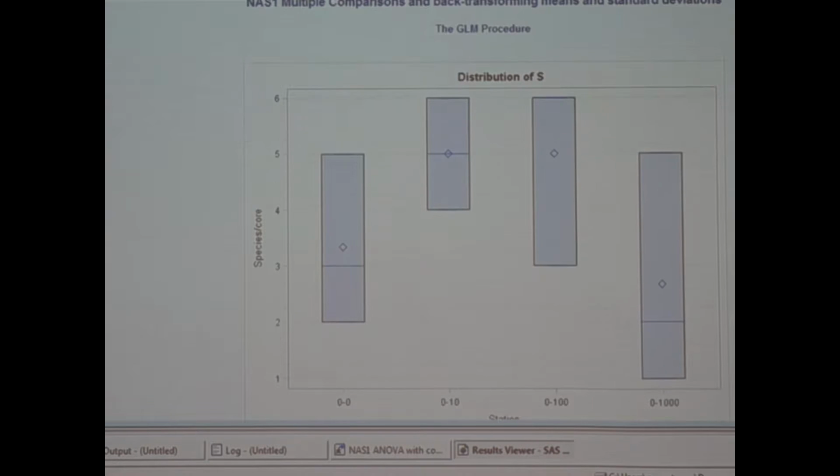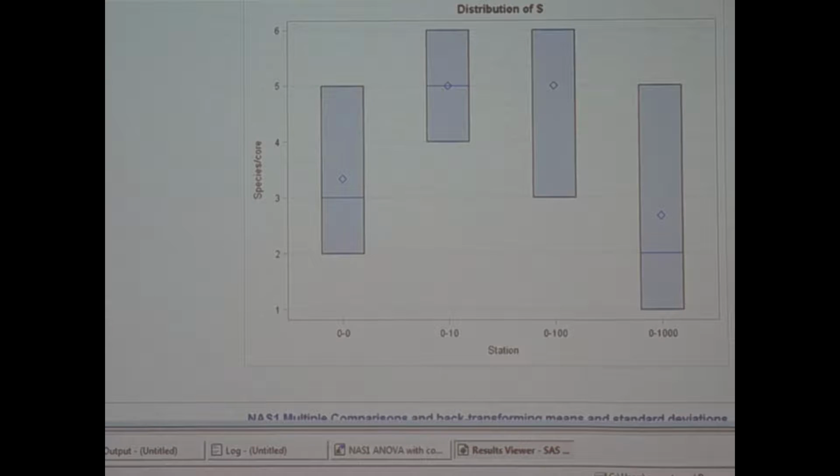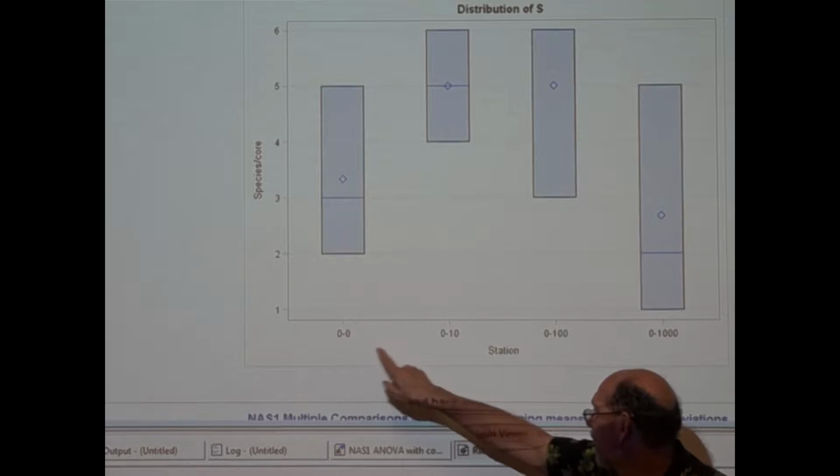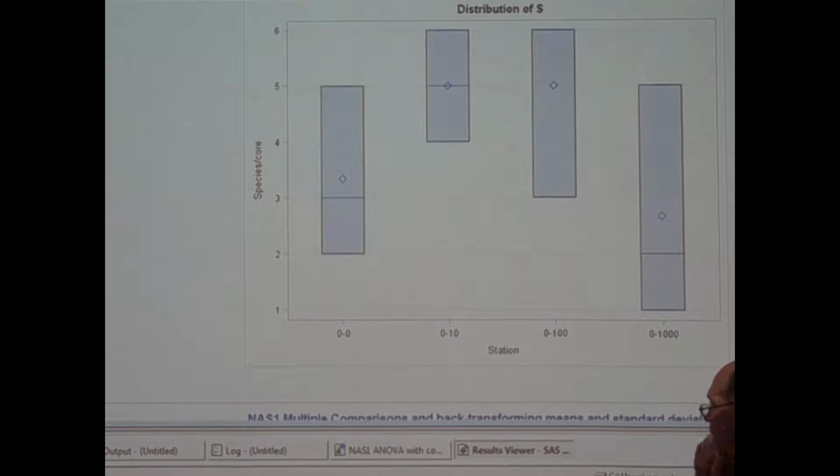Now, this is kind of a nice little picture, but sometimes we may want to, let's make believe that we call it the second number, 0, the 10, 100, 1,000.